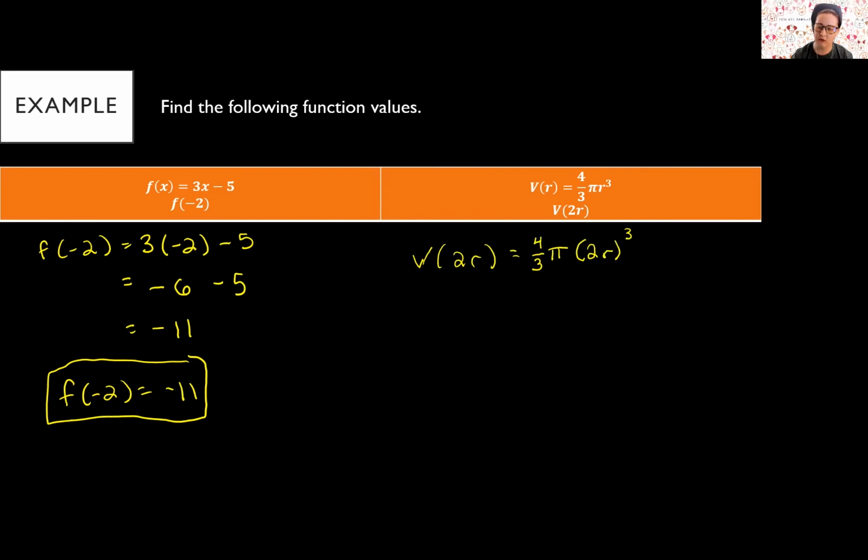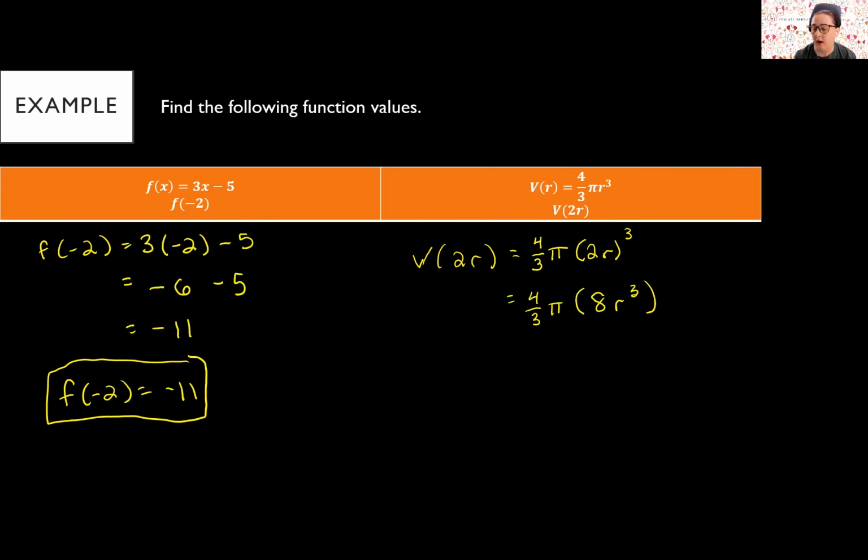Then we follow the order of operations and simplify the right side. We're still going to have an r in our formula. For (2r) cubed, you cube the 2 and cube the r. So we have 4/3 pi, 2 cubed is 8, and then we have r cubed.